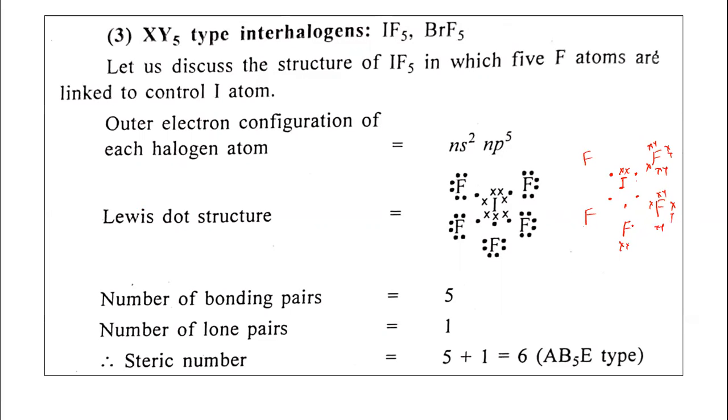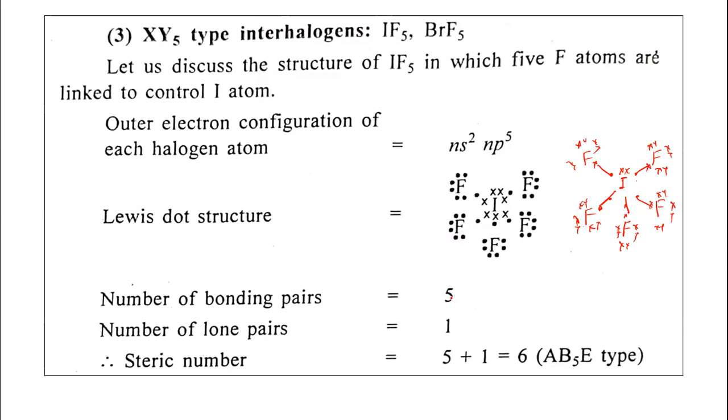We can show the 5 covalent bonds here: this is 1, 2, 3, 4, and 5. So this is the Lewis dot structure.